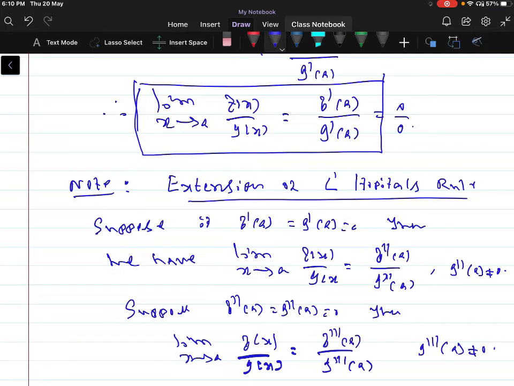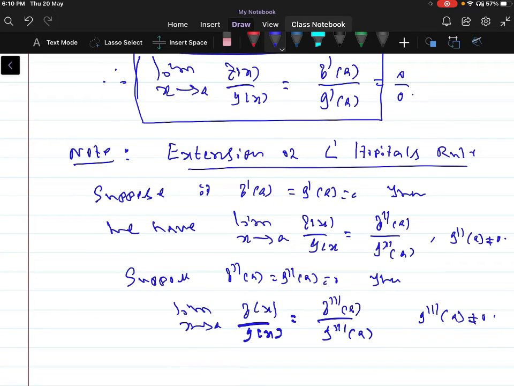Again, if f triple dash of a and g triple dash of a are equal to 0, again you can apply the L'Hôpital's rule. We can continue the L'Hôpital's rule until we get a finite value of the ratio of the functions f of x and g of x.